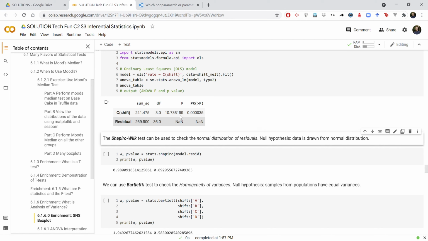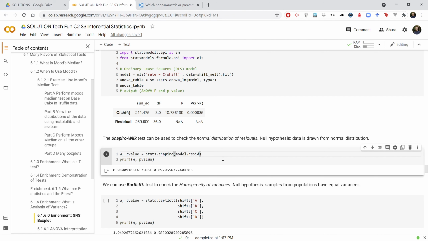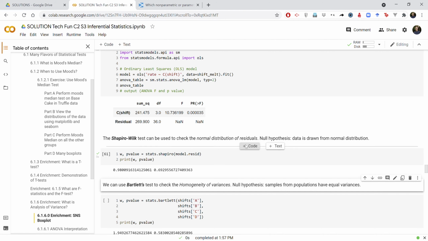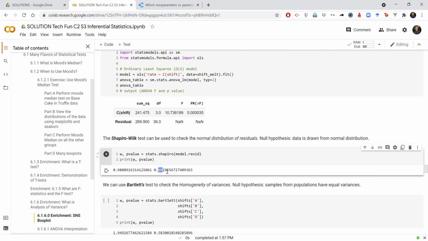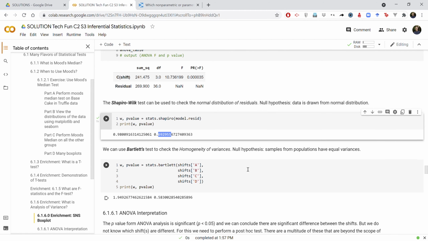Okay, so that is the results of our ANOVA, but it is always good to check that the assumptions are met. The Shapiro-Wilk test can be used to check the normal distribution of residuals. The null hypothesis is that the data is drawn from a normal distribution. And so in this case, we would like to conclude that the null hypothesis is valid, and indeed it is because our p-value is above 0.05.